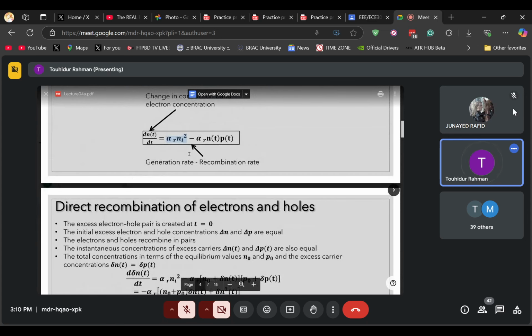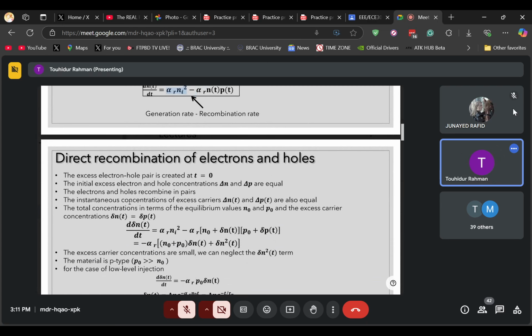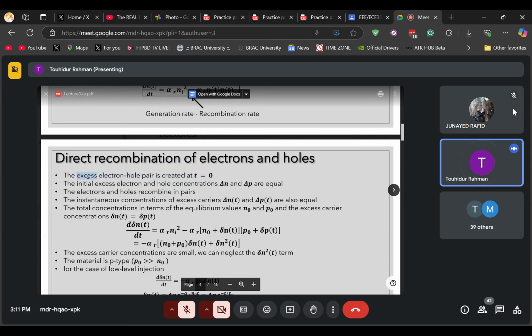So using that expression, suppose at t equal to 0 we apply some energy, and as a result some excess electron hole pairs will be generated.